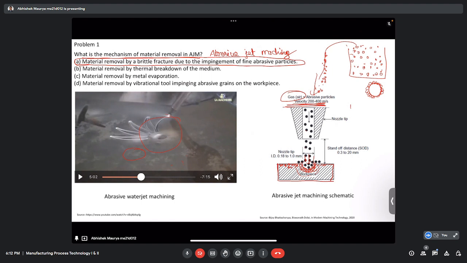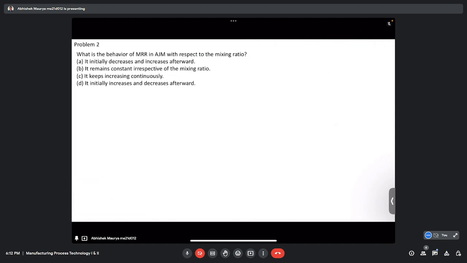So let's move to the next problem. Please read the problem. First of all, please try it by yourself. After that, we will discuss it together, and you can give your response in the chat box.